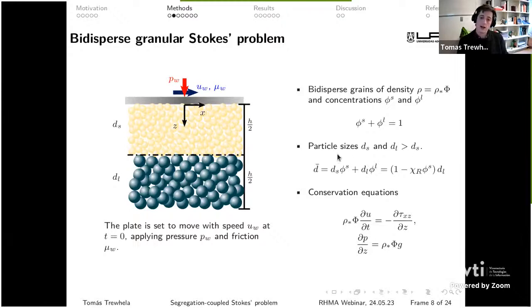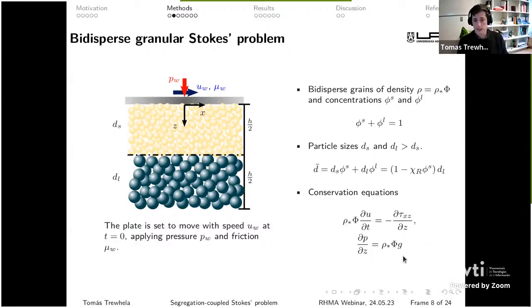Based on this, I can rearrange the terms, and then this asymmetric coefficient appears, multiplying the concentration of small particles solely. So I can write this mean diameter as the large particle diameter times a factor involving phi s, and that's a powerful definition for the results.